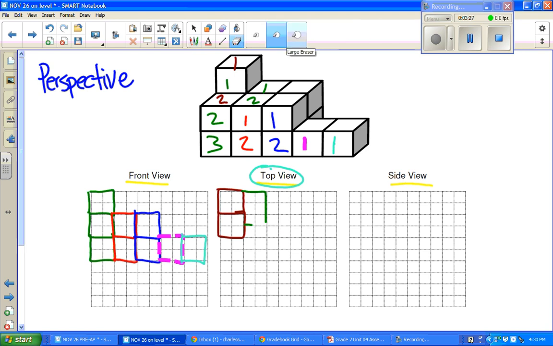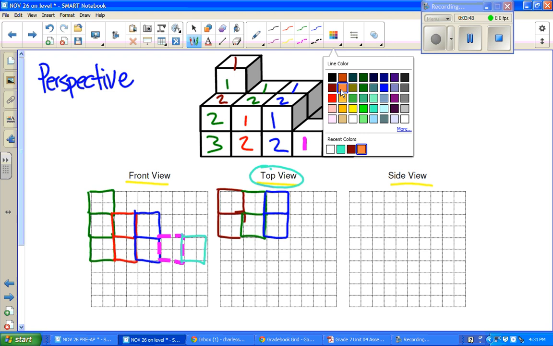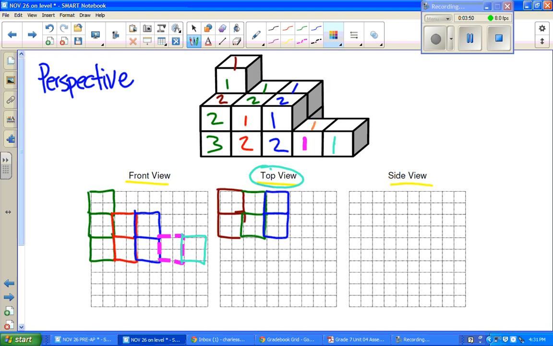Oops, I got off a little bit on my line. All right, then moving across again. 1, 2, drawing that view. All right, and now if we look at the last one, we just have 1, and drawing that one.